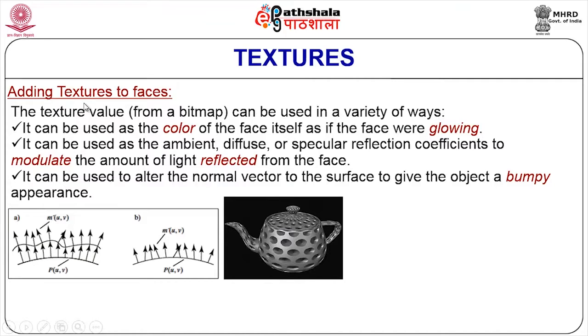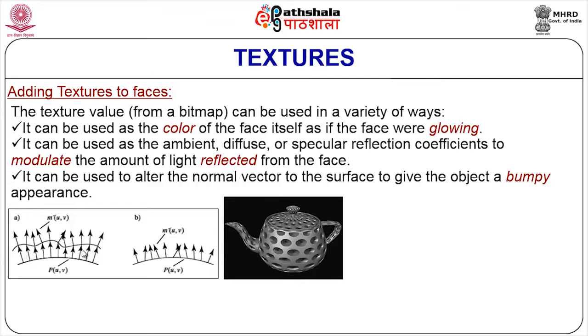We can use the bitmap or the texture space, and we can perturb the normal vectors of the surface of the object according to the intensity values in the texture space. That is where we can modulate. On a low, you can redirect the normal vector so that it points in a different direction, so that the reflection at that point is almost minimal.